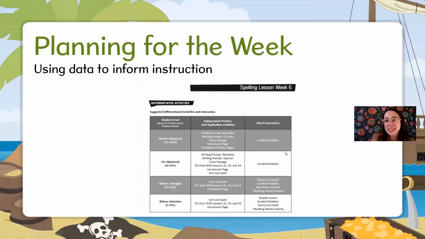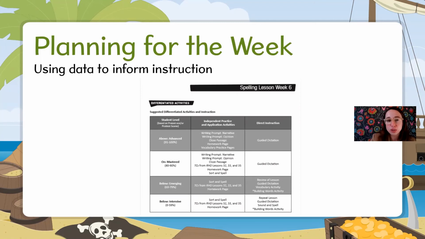So you can use that data to drive your instruction and to think about what you want your students to be engaged in as far as activities go, based off of how they did on that pre-test.